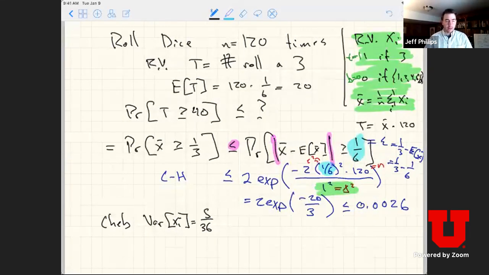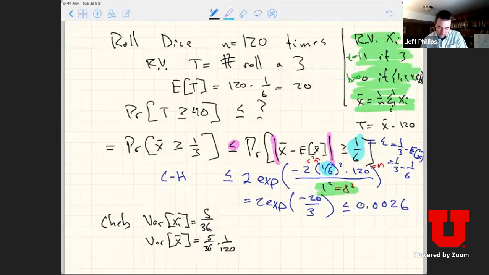So if I plug in the variance, that means the variance of x bar is going to be 5/36 divided by 120. The variance goes down. The example in my book uses a slightly different change of variables, but we'll plug this quantity in.